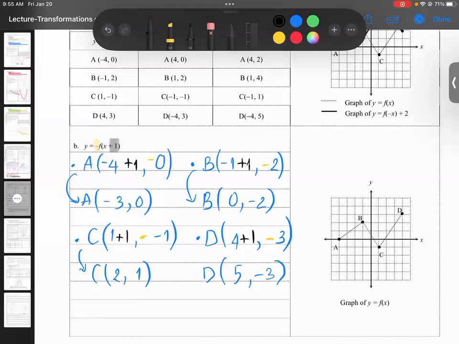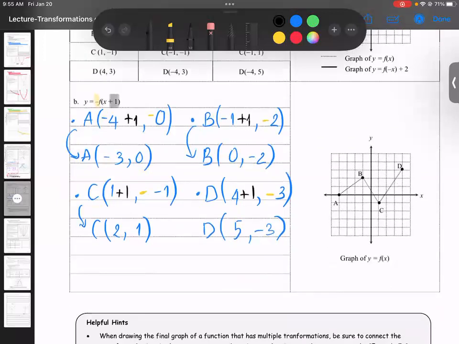So A is negative 3, 0. B is 0, negative 2. Oops, sorry, wrong one. 0, negative 2 right here. C is 2, 1. D is 5, negative 3.